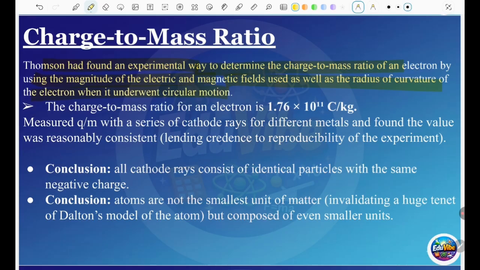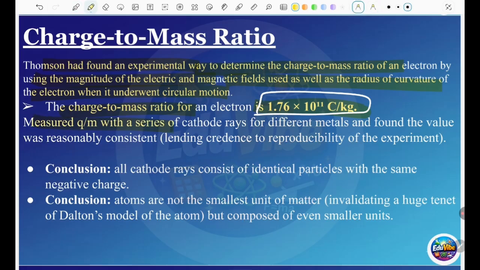From this they get the charge to mass ratio, which is what they want. The electron charge to mass ratio is 1.76 times 10 to the power 11 coulombs per kg. That's the charge to mass ratio, and you have to know this. Sometimes they give you MCQ questions about that.